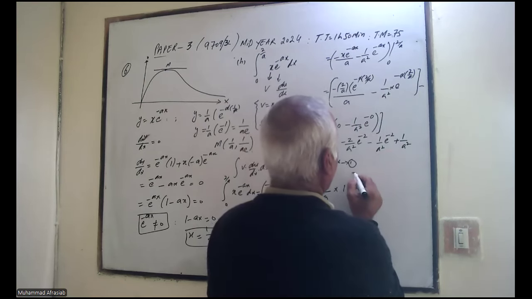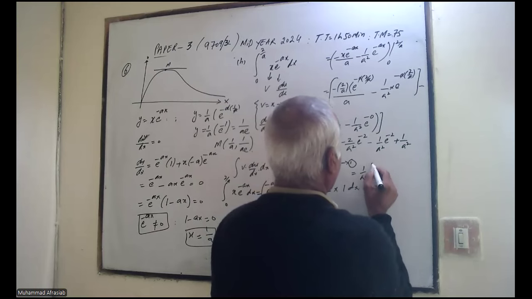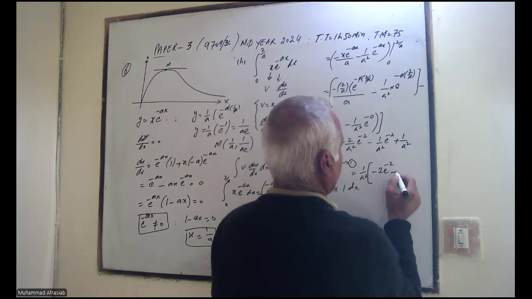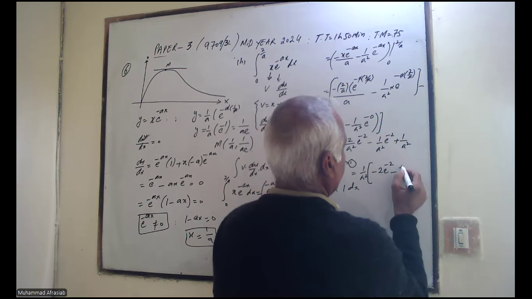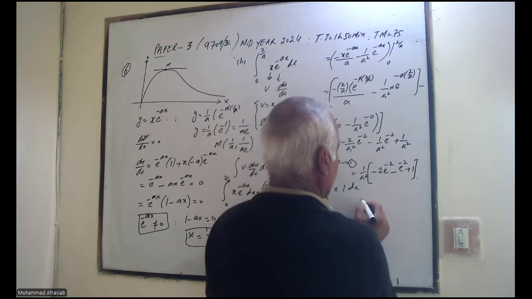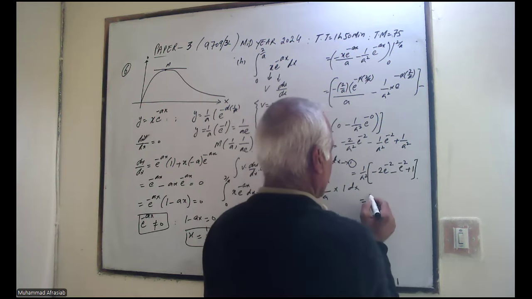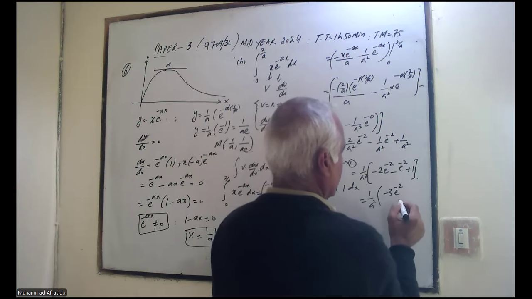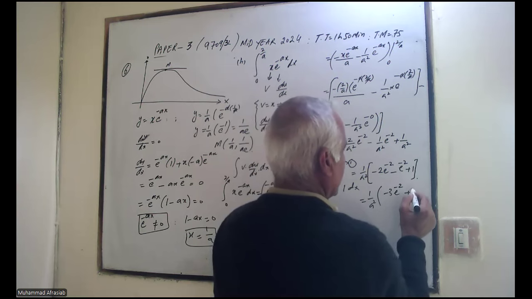So 1 over a square is common: minus 2 e power minus 2, minus e power minus 2, plus 1, which is equivalent to 1 over a square into minus 3 e power minus 2 plus 1.